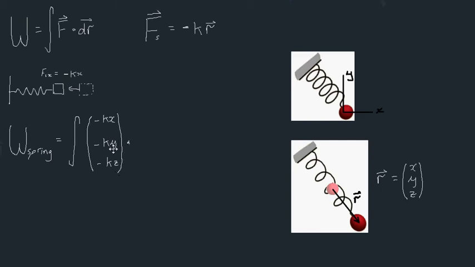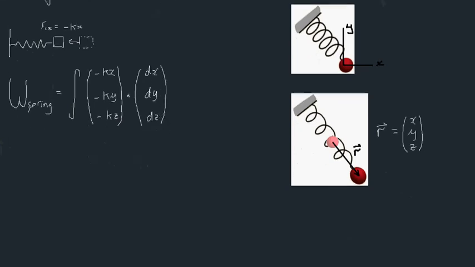And that's going to be dotted with your small displacement vector dr, which is just going to be dx in the x direction, dy in the y direction, and dz in the z direction. Alright, well, we've done this many times before.